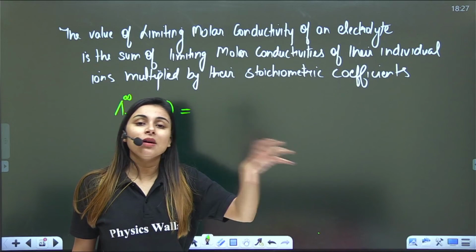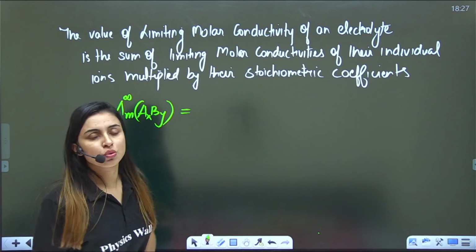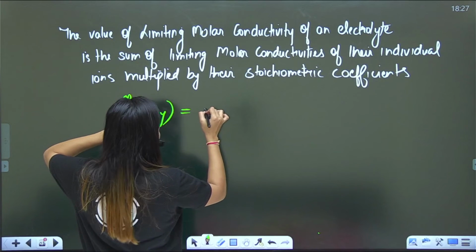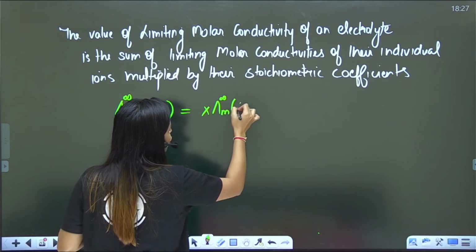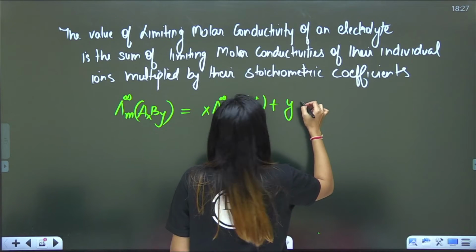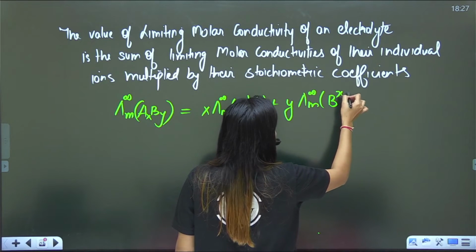It will be the sum of the limiting molar conductivities of each ion multiplied by its stoichiometric coefficient. So let's write it. This means x times the molar conductivity at infinite dilution of A y plus, plus y times the molar conductivity at infinite dilution of B x minus.